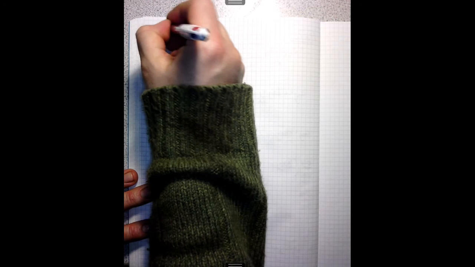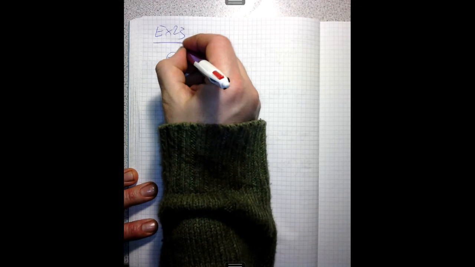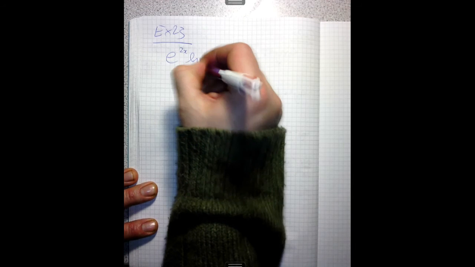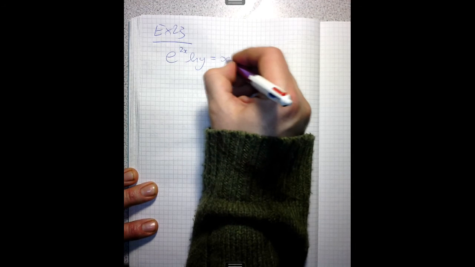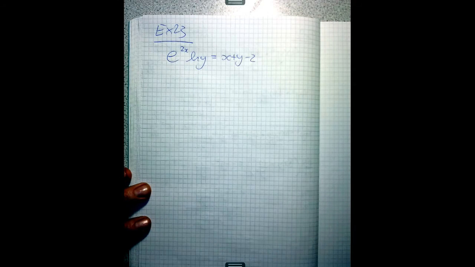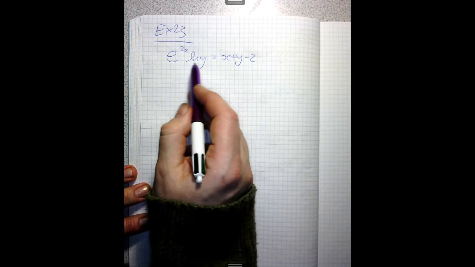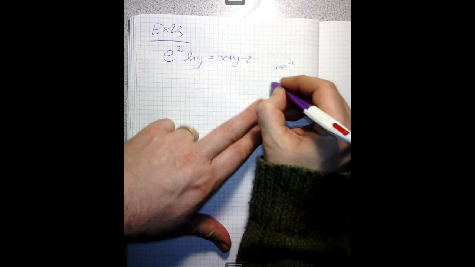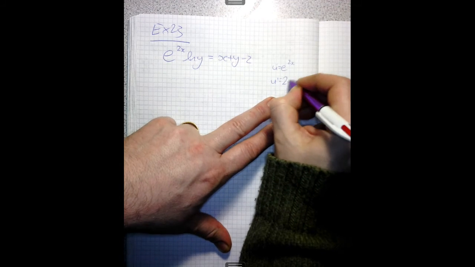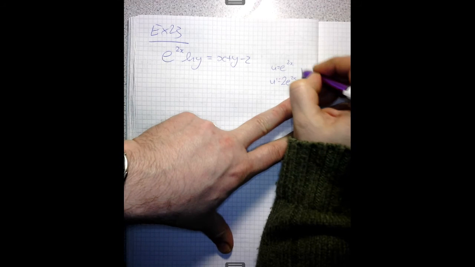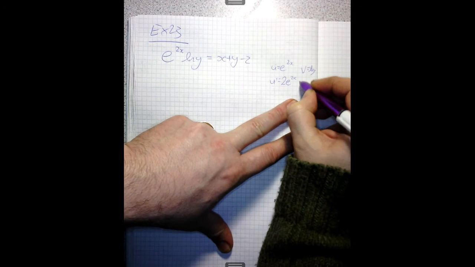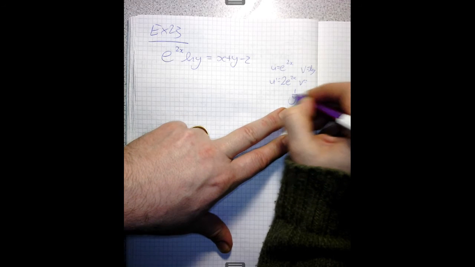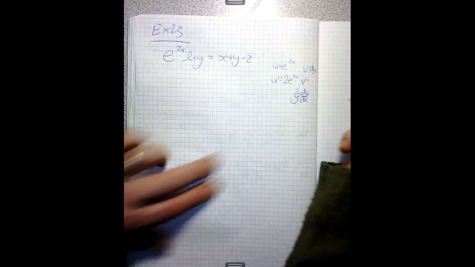Example 23. What have we got? e to the 2x log y equals x plus y minus 2. Product rule here. So let's do a quick product rule. u is e to the 2x, so u dash is 2e to the 2x. v is log y, so v dash is 1 over y dy/dx.